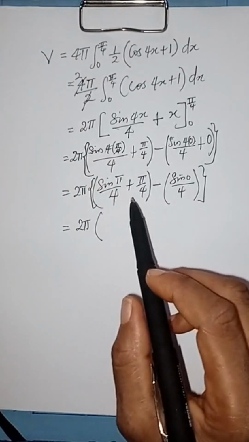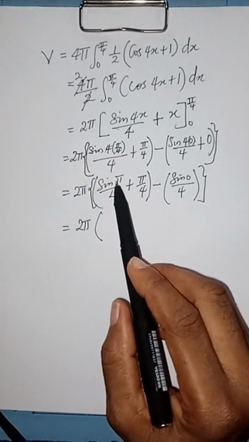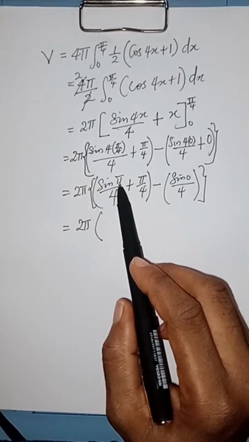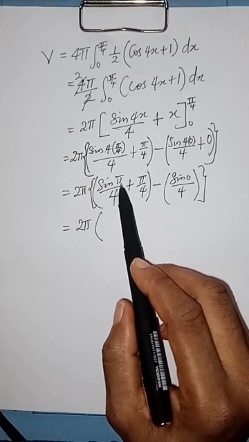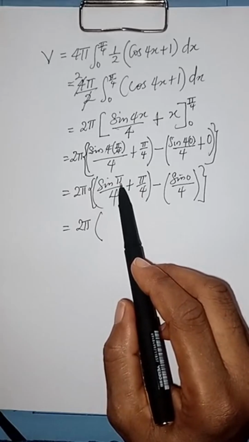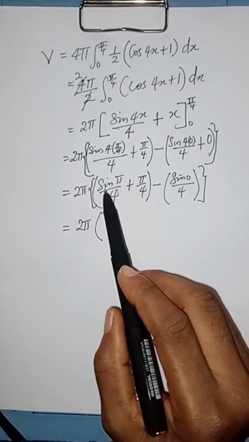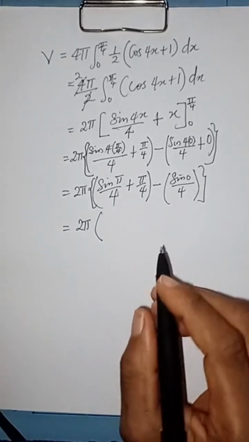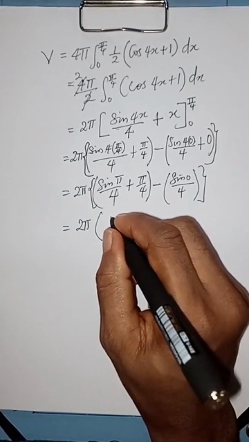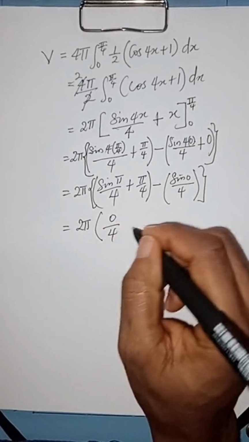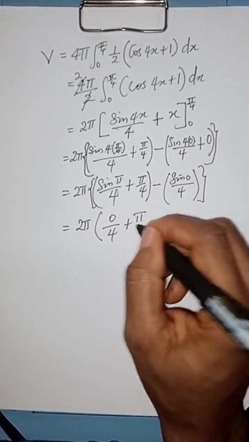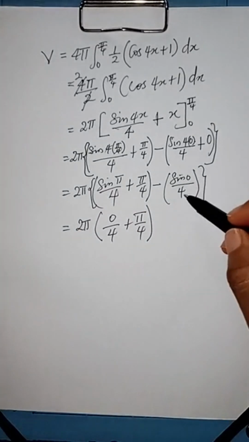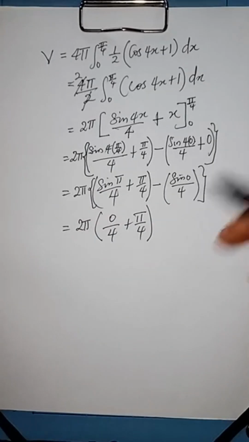So here, pi is in radian, and in radian pi is 180 degrees. Which means sine 180 degrees is 0. So it becomes 0 divided by 4 plus pi. So that's what is left. Here, sine 0 is 0, 0 divided by 4 is 0, so it's gone.